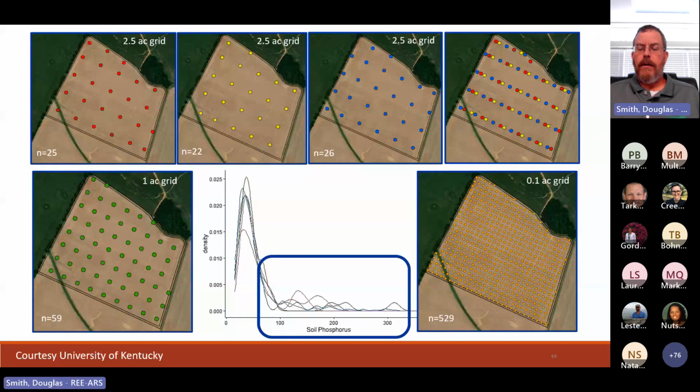Looking at the data across all of these 5 sampling schemes, the data tend to skew to the left towards lower levels of phosphorus, but each one tends to have a long tail where they pick up hot spots within the field.